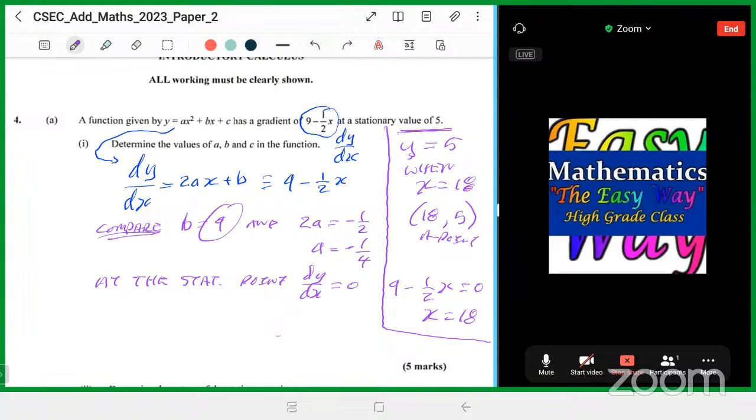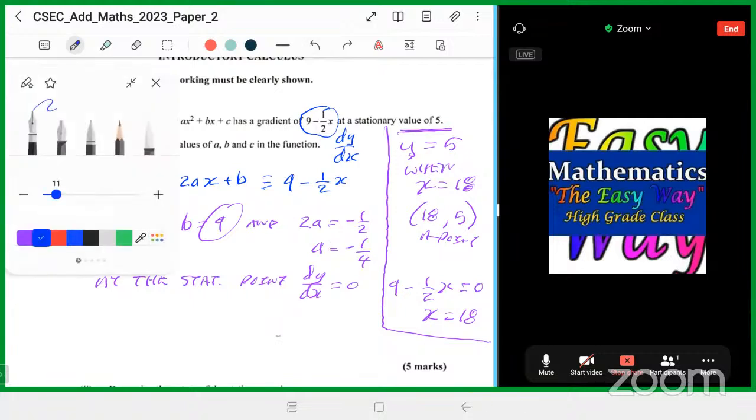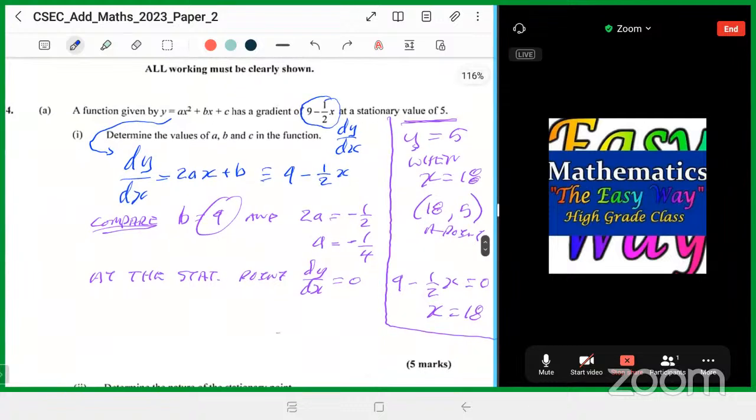So let's do that in blue. I want to use the point 18, 5 on the equation of the curve. That gives us the y value is 5 equals, the a is a negative quarter.